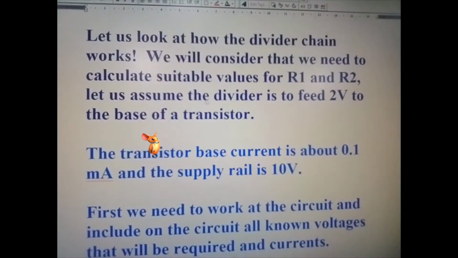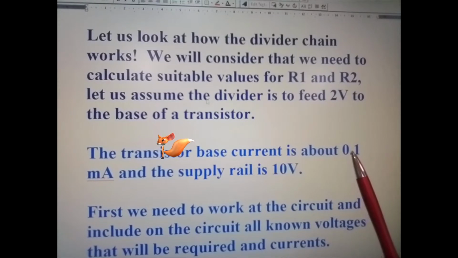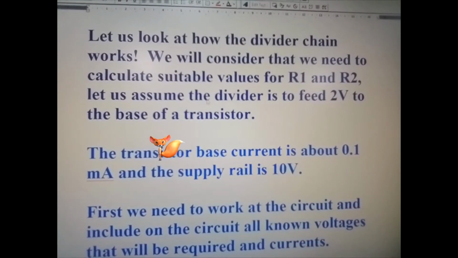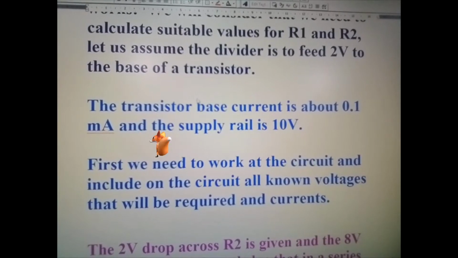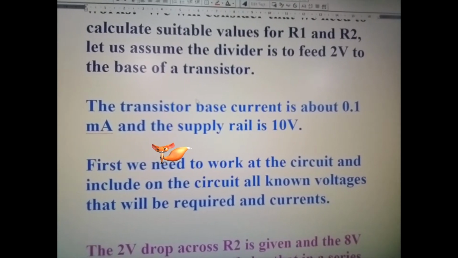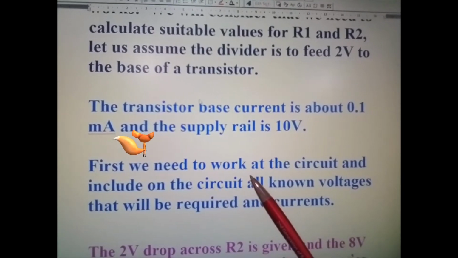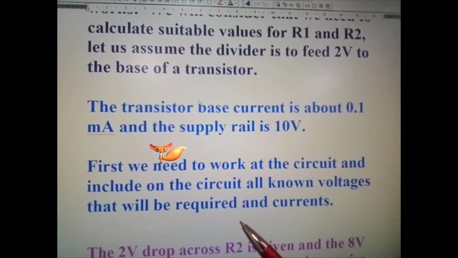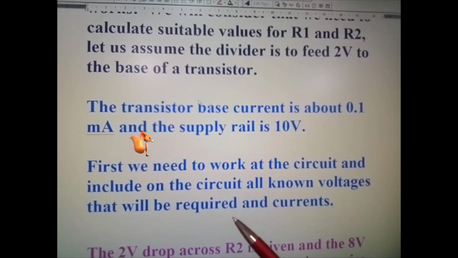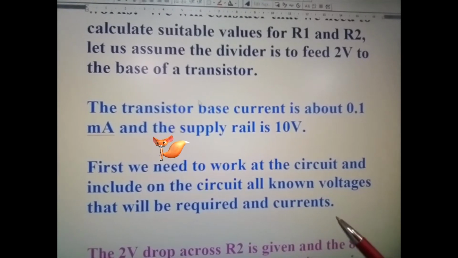So notice here we have the given amps, we have the voltage. First we need to work at the circuit and include on the circuit all known voltages and currents that will be required.